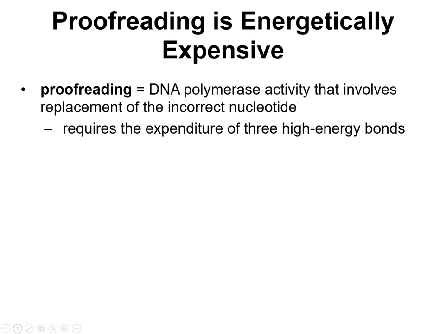So we are getting rid of a lot of things to make this work because we've got all of the base pairing going on, we've got the stacking interactions, and we've also got to break that phosphodiester bond to get that nucleotide out. That takes energy.